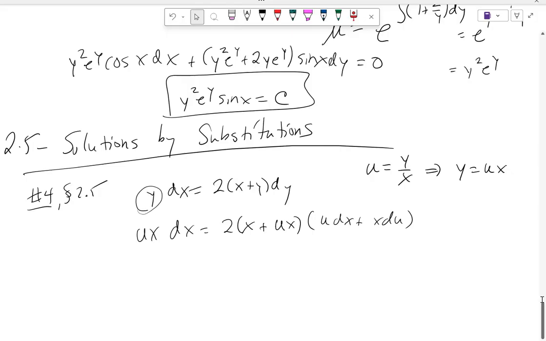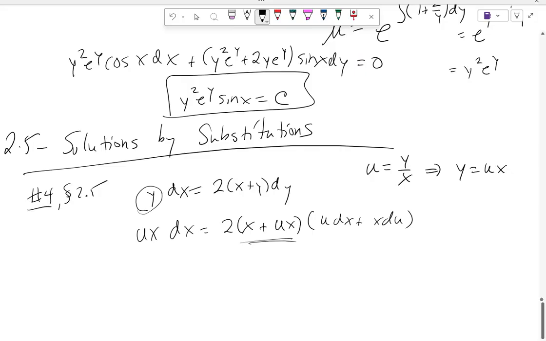That doesn't look like it helped us very much, does it? But notice what it did do in the first term here that we didn't have before. I can now factor out an x, and I can separate the x's and the u's. It's multiplication now, right?